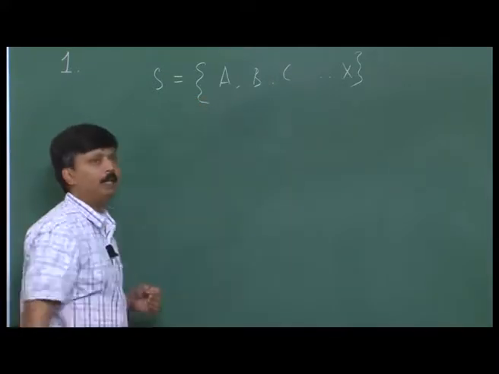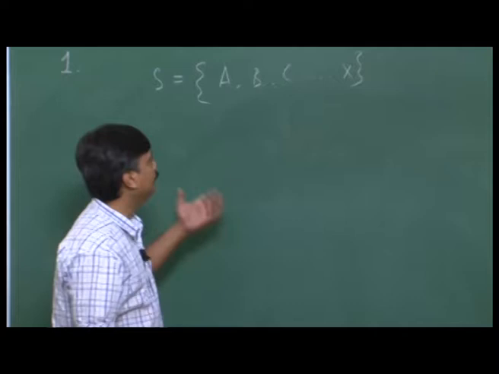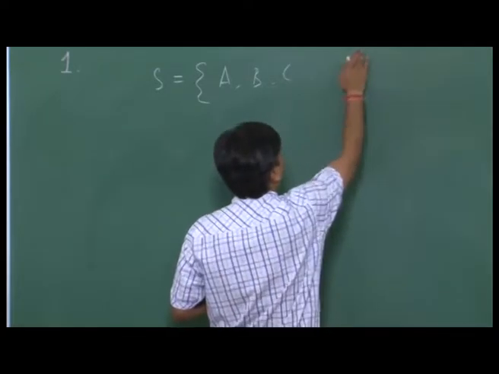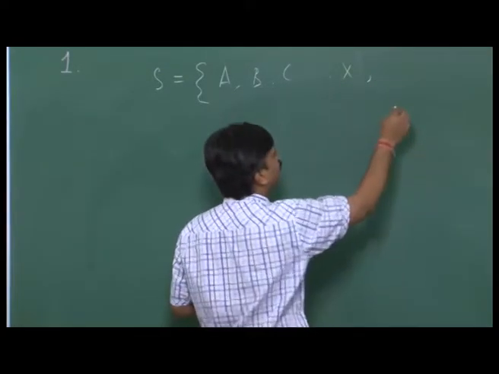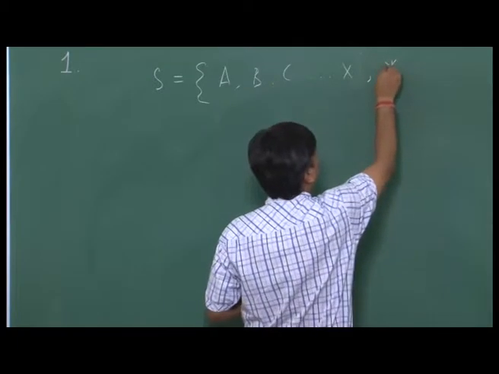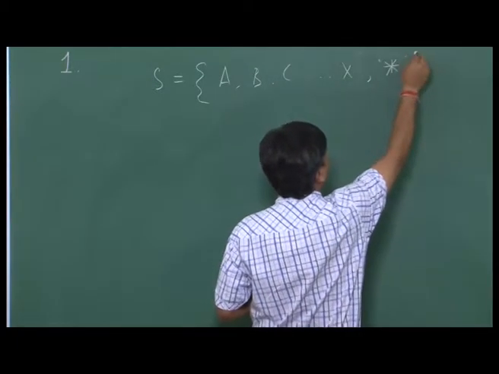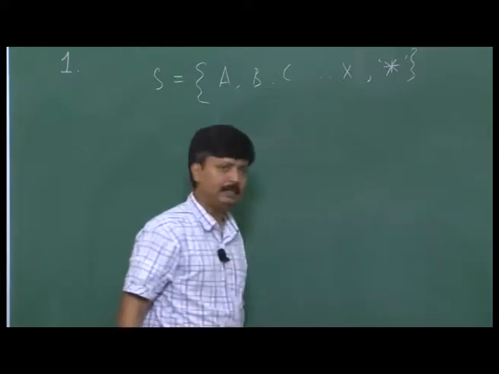So there are x number of elements in that particular set, and there is a particular method of combination defined in it.